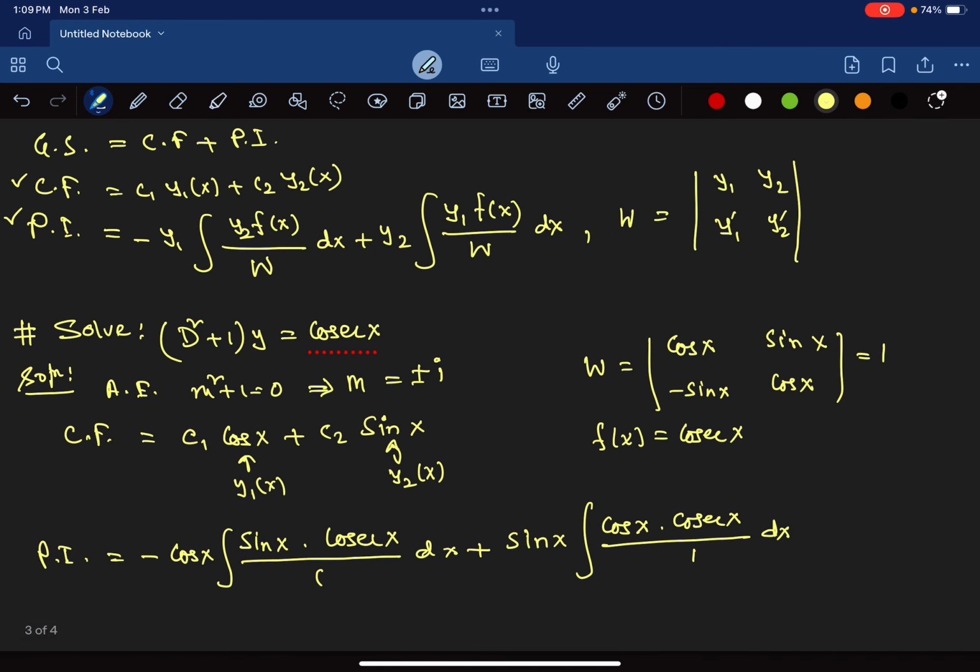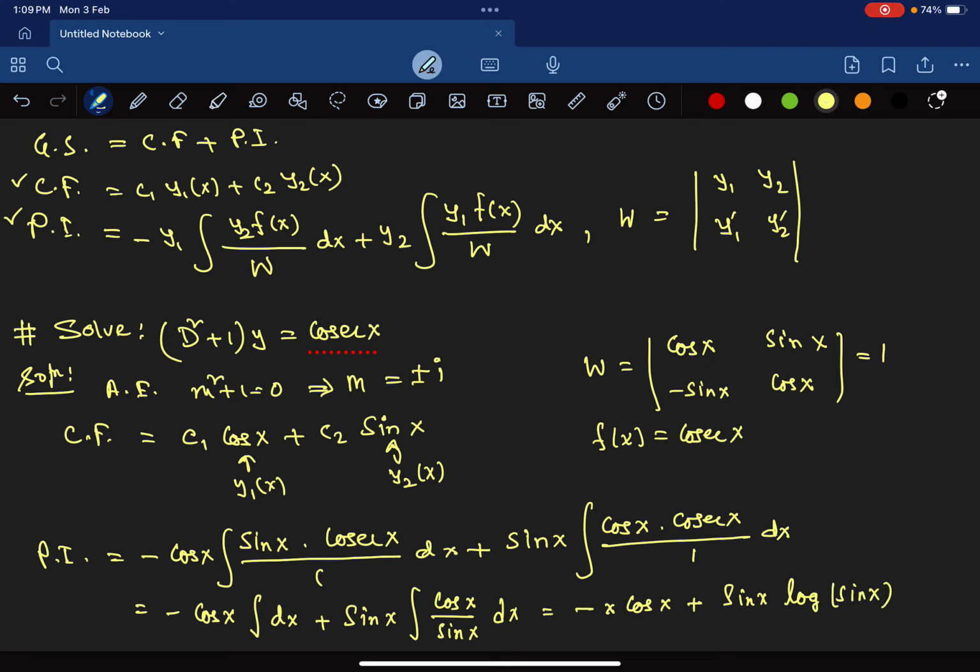So what will be the value? Minus cos x times the integration of dx, plus sin x times the integration of cos x by sin x dx. So immediately you will have minus x cos x plus sin x times log sin x.